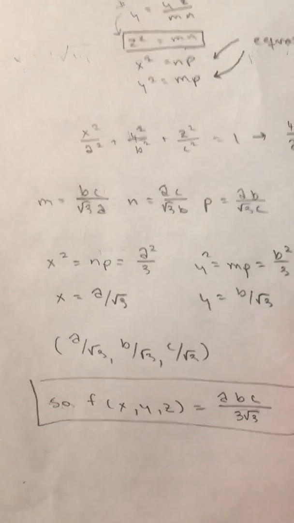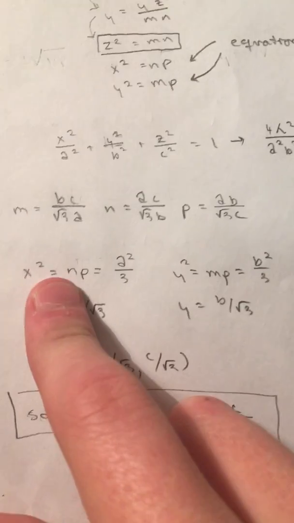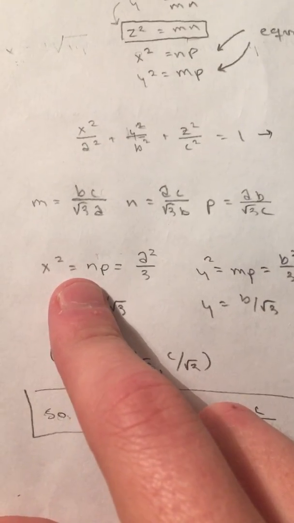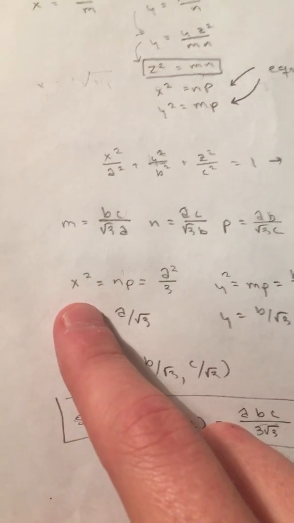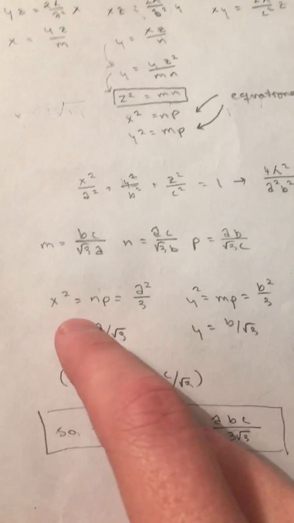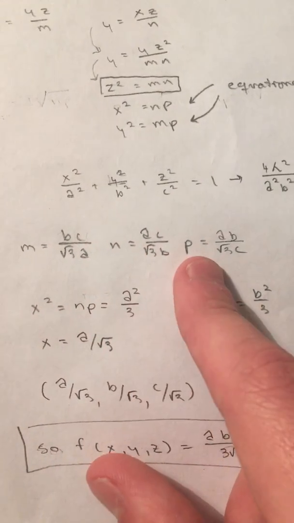Okay, now let's go down over here. So now we know that, what are we doing here? Man, I got lost, this is confusing. Oh yeah, now we have lambda, so we're going to plug lambda into all these equations here. So we know x squared equals np, and np is n times p.